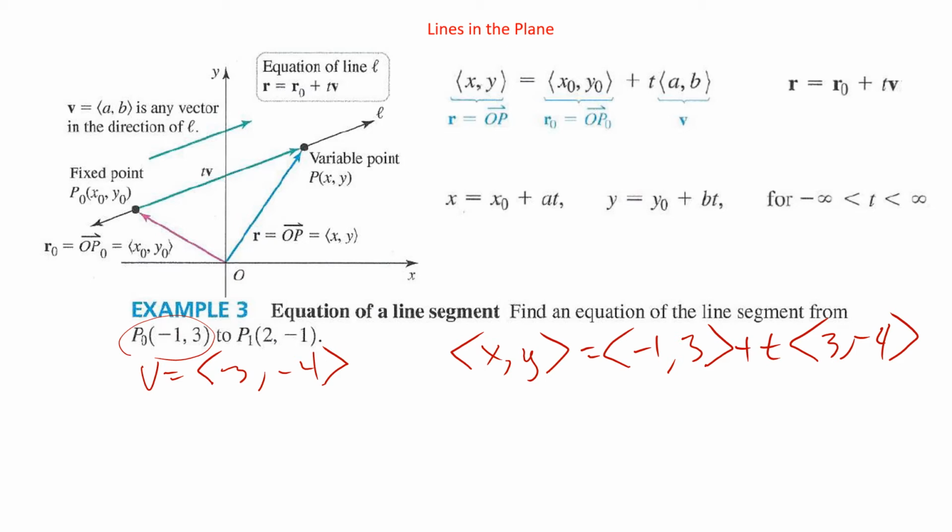In that case, we'd have to worry about our t. But if you just go from one to the other like we did, your t is always going to be from 0 to 1. And we could change this to a parametric equation as well if we wanted to. But I think that at this point, that's probably an easy enough task that you could do that yourself if you care.